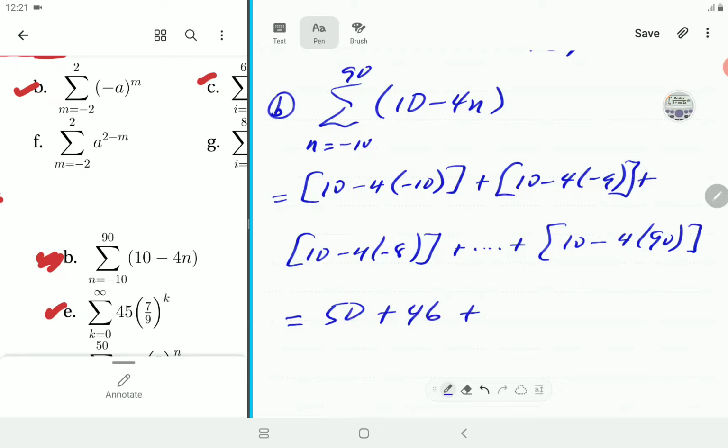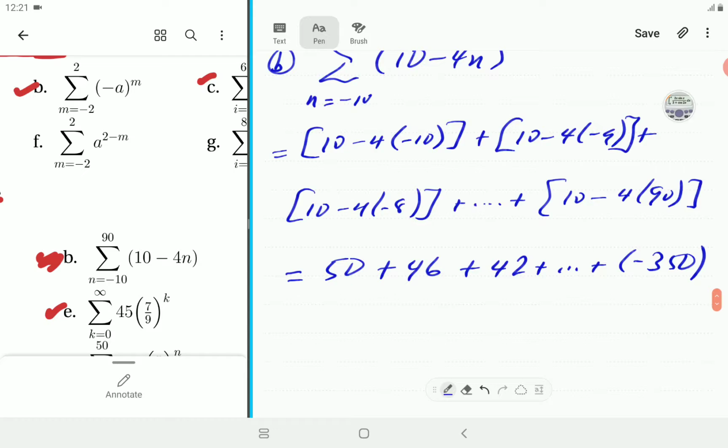Next one, 4 times 8 is 32 plus 10, so that's going to give us 42. And then the last term is going to be negative 350. It's 10 minus 4 times 90.